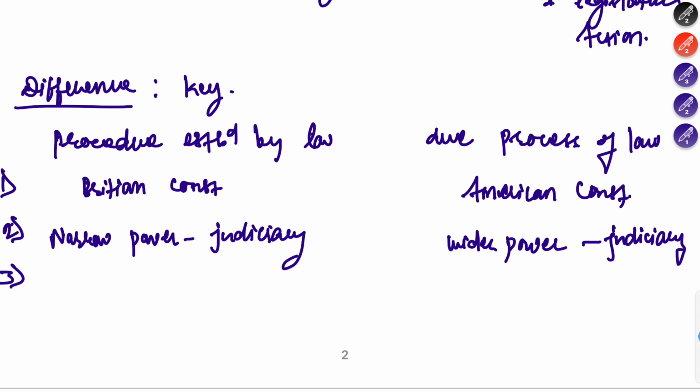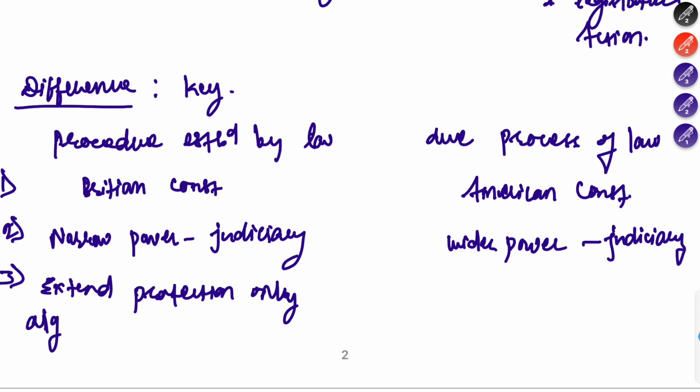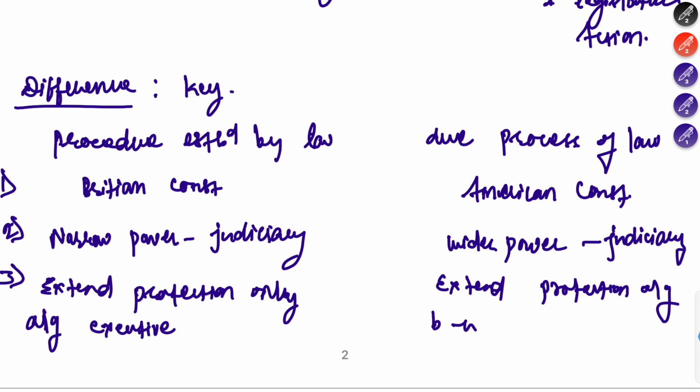The third difference is that procedure established by law extends protection only against the executive. Here, due process of law extends protection against both executive and legislature.